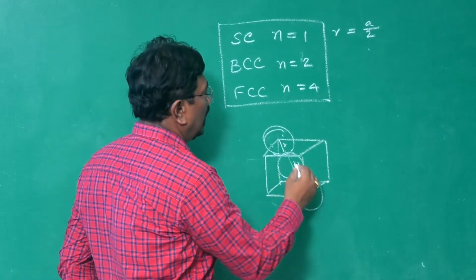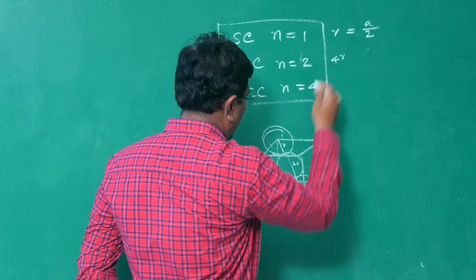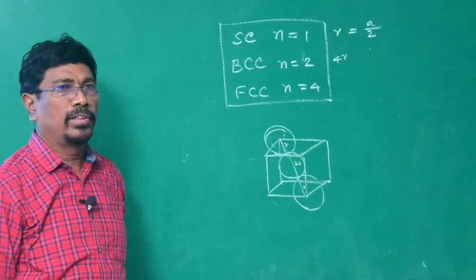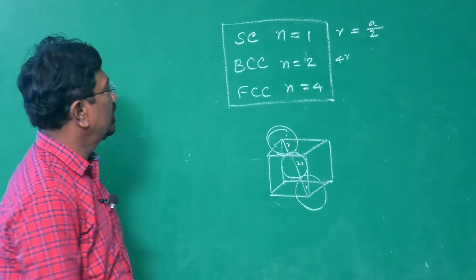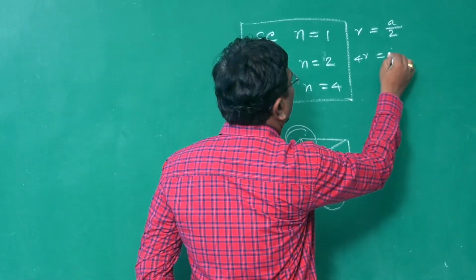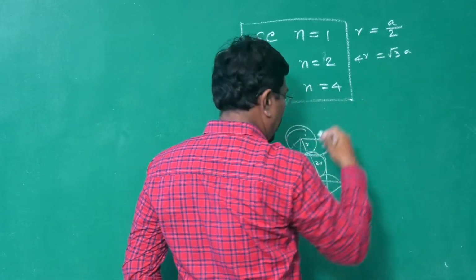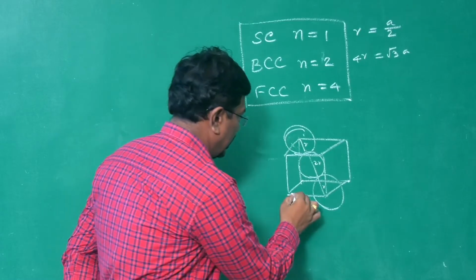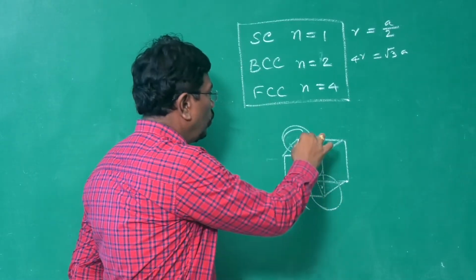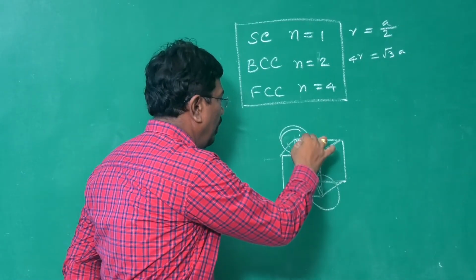So 4r corresponds to this diagonal. This diagonal is equal to root 3 a, and we did the calculation earlier.